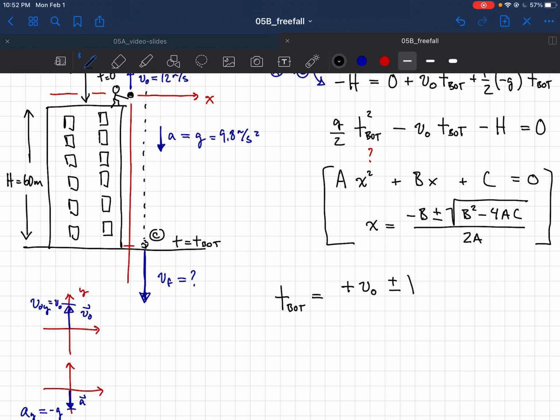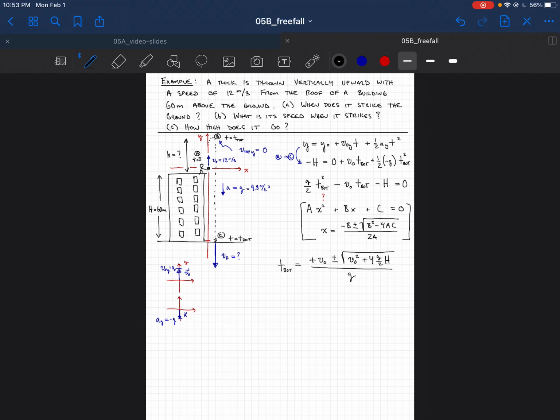And then I have plus or minus the square root of b squared, so v naught squared, minus 4 times a, which is g over 2, times c, which is minus h, so that becomes positive there. And then I have it all over 2a, which is 2 times g over 2, so that's just all over g.